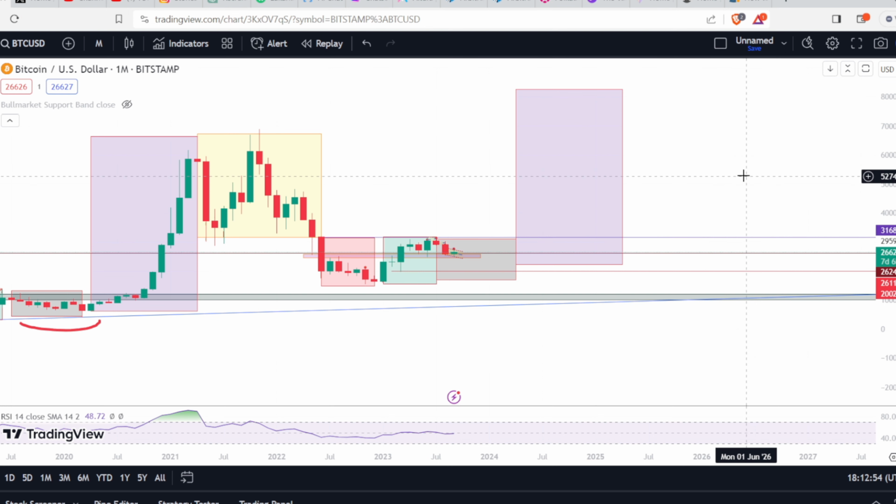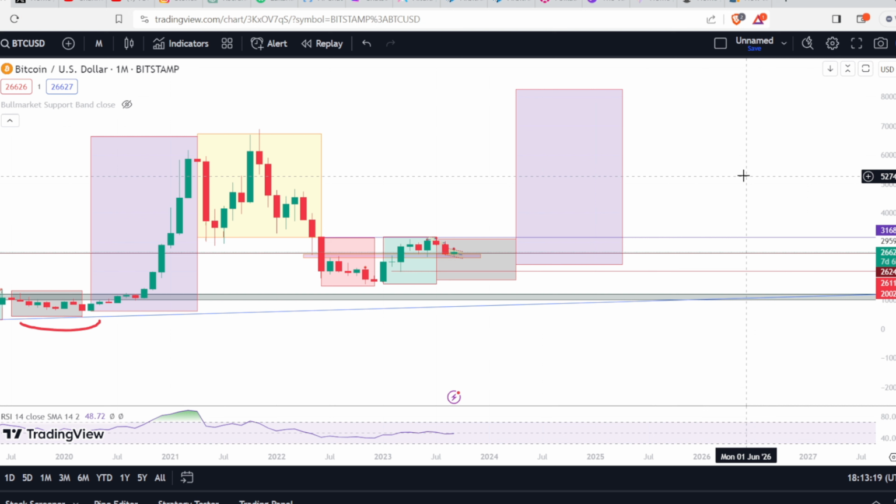The most important piece of knowledge and data that we need to consider right now with our trades is that you need to be very careful. You need to downgrade the risk in your investments and in your trades, because right now we are in an indecision mode.